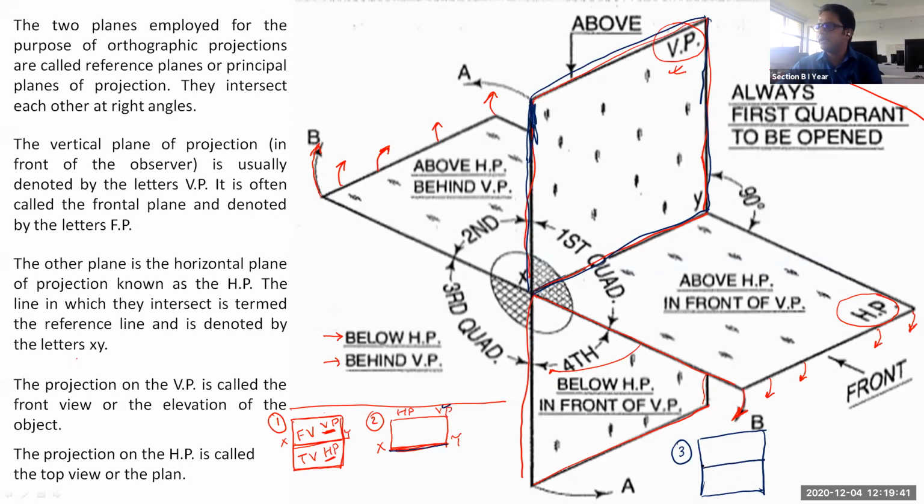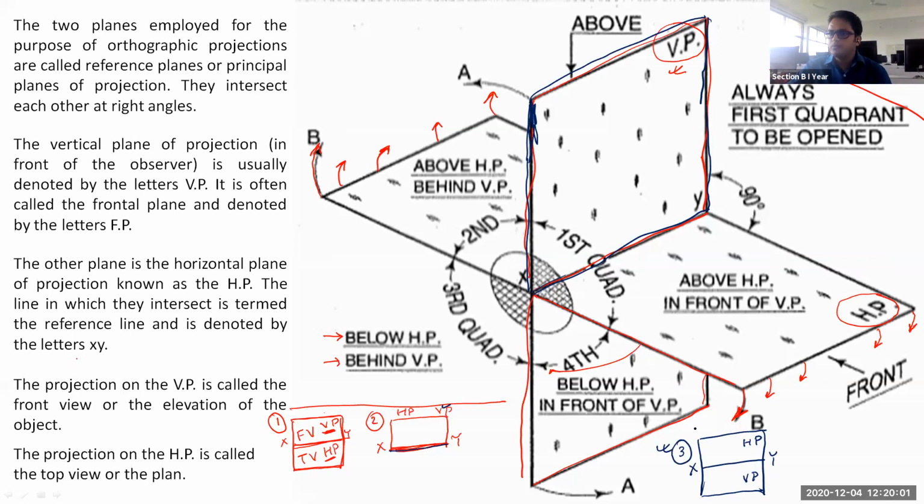This will be your reference line XY. This time your HP will be above, your VP will be downside. This is the 2D representation when the object is in third quadrant.